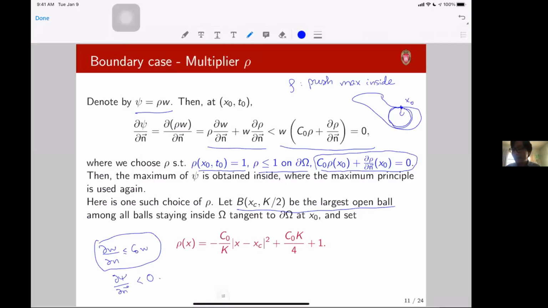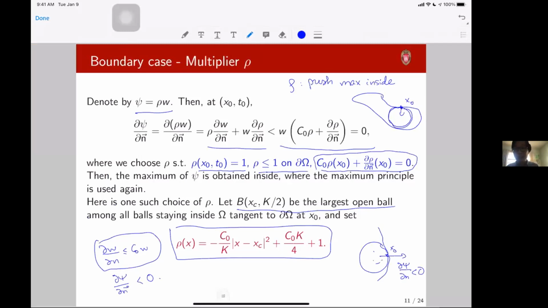What it means is that, in this picture, this is x naught. If the normal derivative is less than or equal to 0, then the maximum has to stay inside here, and that's the goal of the multiplier rho. This is one of the multipliers that we came up with.